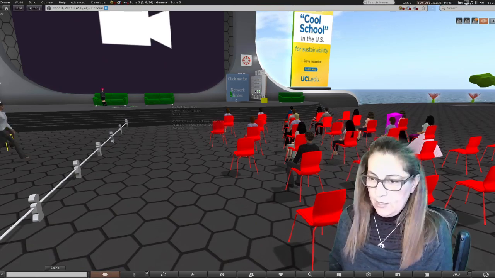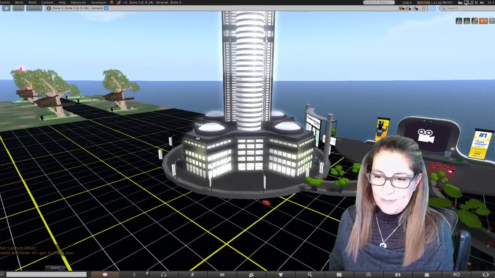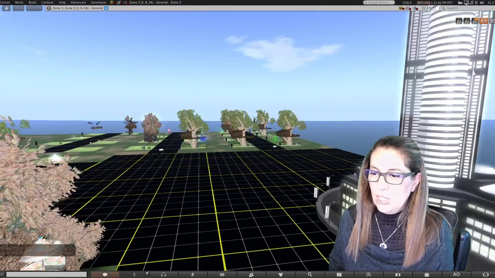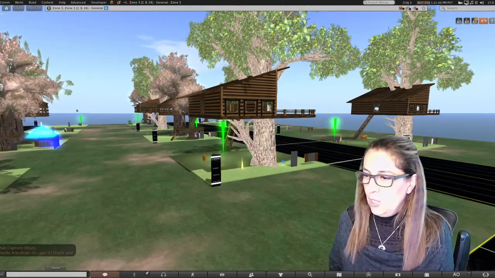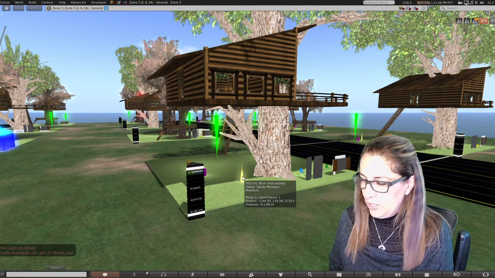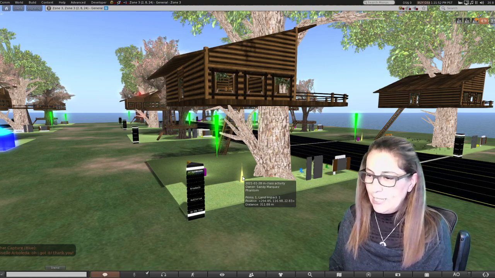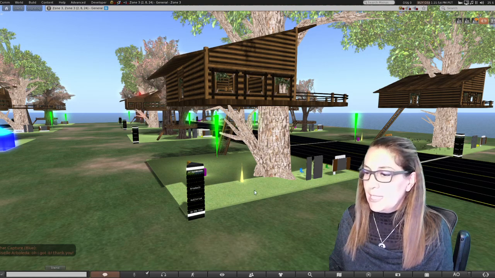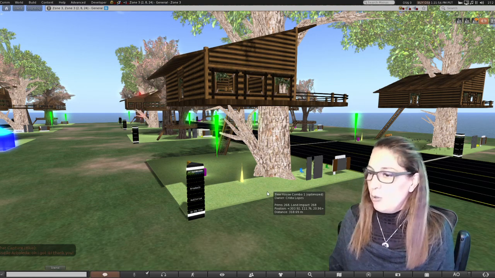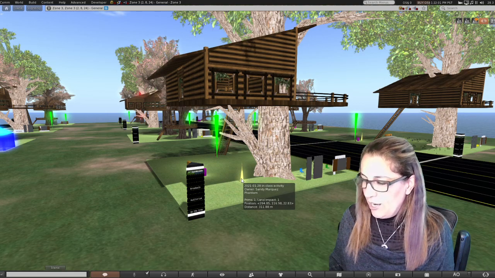Let me go to some other random thing, some treehouse somewhere. Yep, Giselle. If I put my mouse over here, even without knowing whose name it is, it's from Sandy Marcus. So even if the object doesn't have a texture with a name, you can find out who owns that object by just putting the mouse over it, and it will tell you.